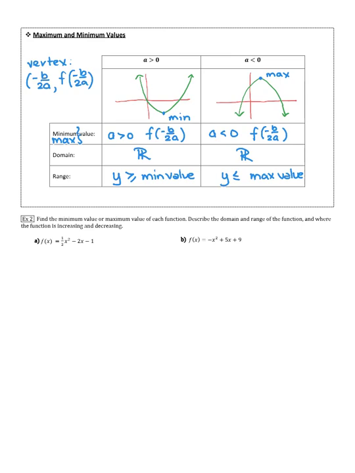It's always the y value that gives it to you. The x value tells you when it happens, but it's the actual y value that tells you what that min or max is. So the other thing we want to look at is the intervals where the graph is increasing or decreasing. Remember, we always read a graph from left to right. So up here, as I'm reading this graph from left to right, in this region, I am decreasing.